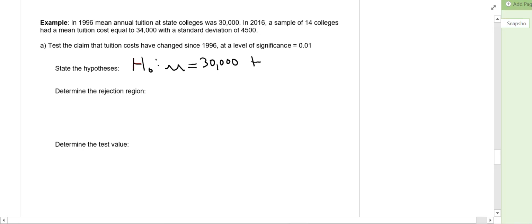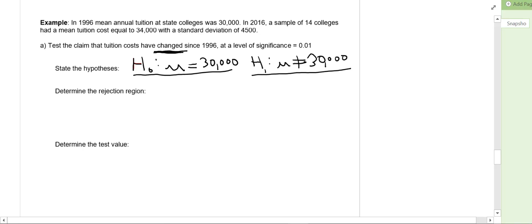The claim being made here is that the mean cost has changed. It's changed. We didn't say it was larger. We didn't say it was smaller. It's different than 30,000, right? Okay? So again, the null hypothesis is always the status quo.